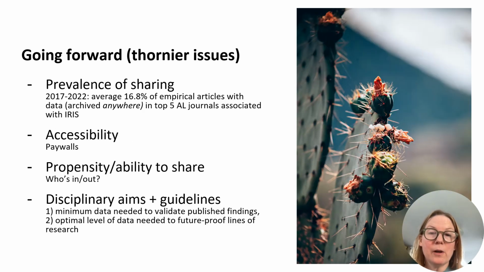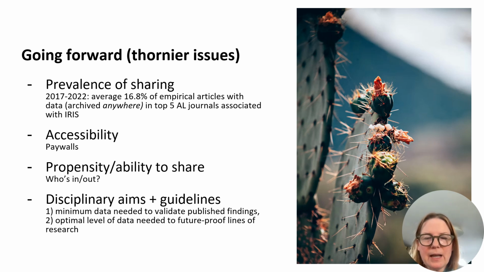But there are also some thornier issues, including how we can embed a culture of sharing, given very low levels of prevalence at the moment, and how we can make sure that publications are openly available and that requirements to share don't exacerbate existing inequalities.